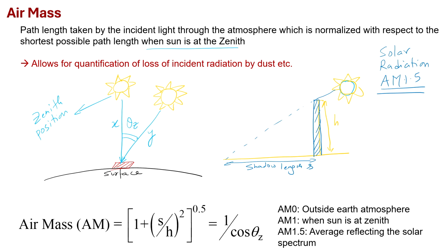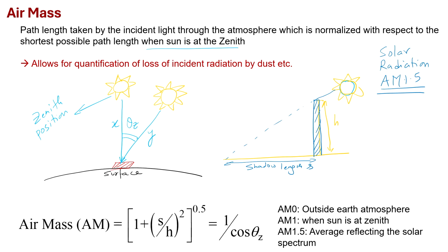AM 0 means you are measuring outside the Earth's atmosphere, which means no losses are taking place. AM 1 means the sun is at the zenith, and AM 1.5 is an average that reflects the solar spectrum throughout the day as the sun moves from east to west. When it is at the east, the beam is nearly horizontal.